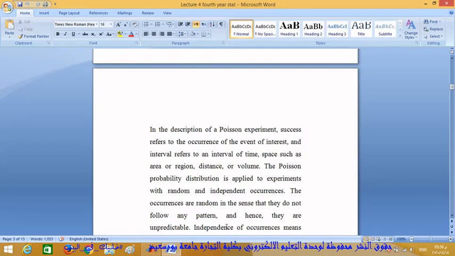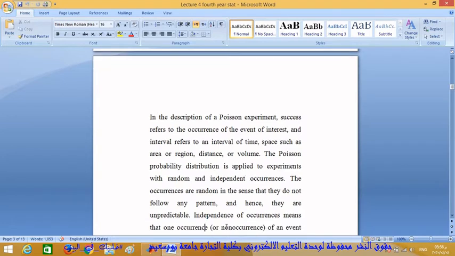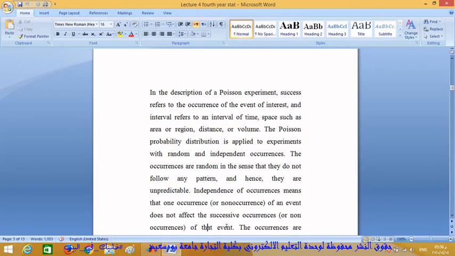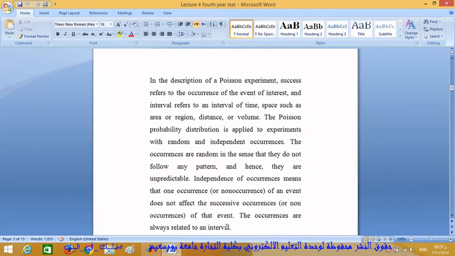Independence of occurrences means that one occurrence or non-occurrence of an event does not affect the successive occurrences or non-occurrences of that event. Okay, so all events are independent. The occurrences are always related to an interval.